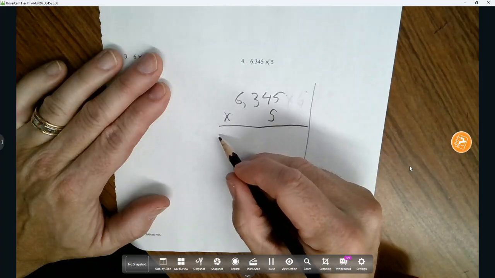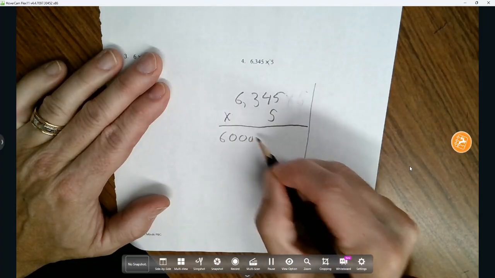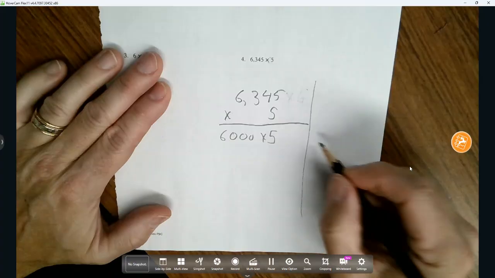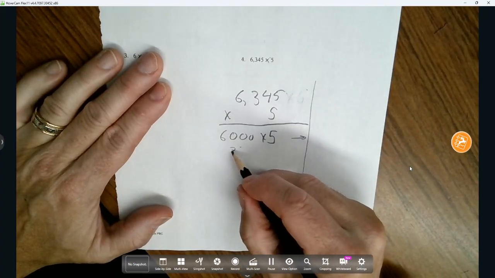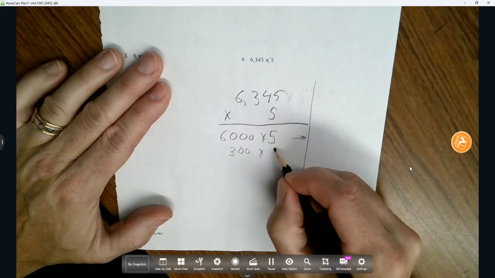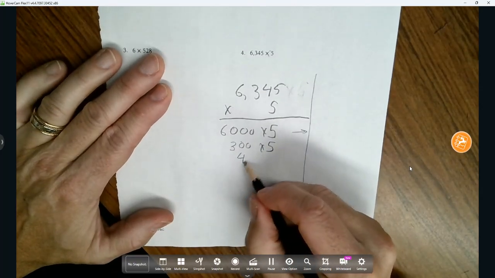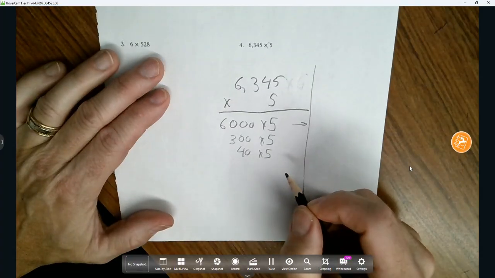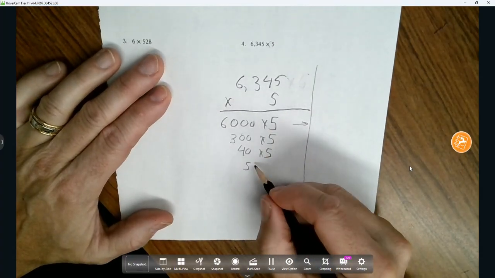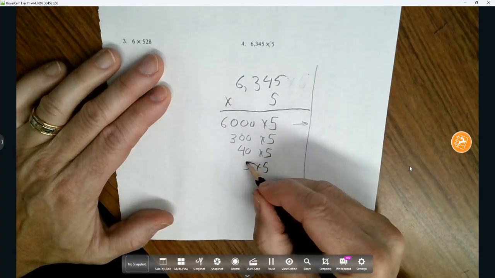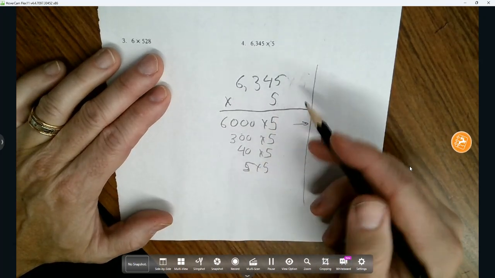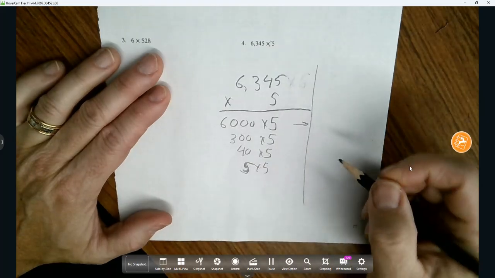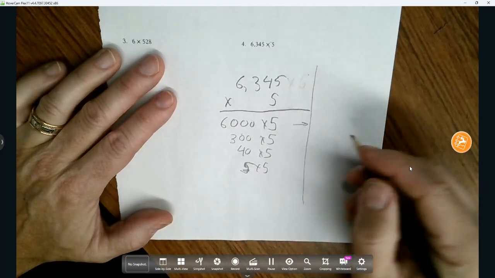So I want to say 6,000 times 5, and I'm going to put that answer right here. Then 300 times 5, then 40 times 5, then 5 times 5. The book flips these over, goes ones first, then tens, then hundreds and thousands. I write it the other way because we're going to add it all up anyways, but that's just me.